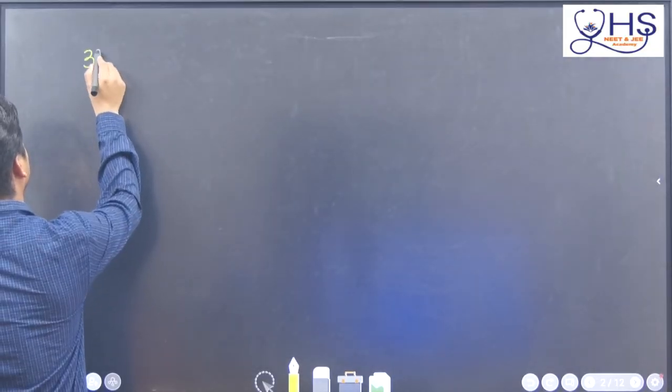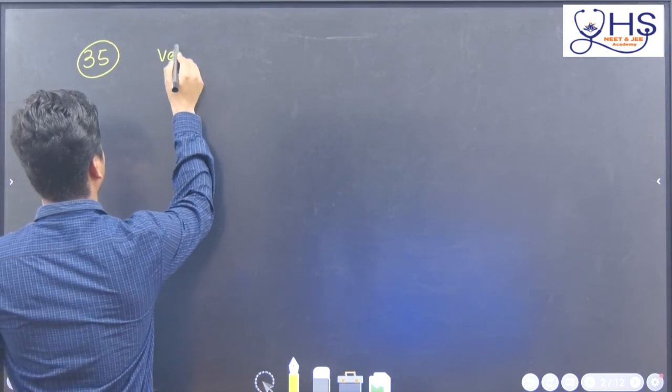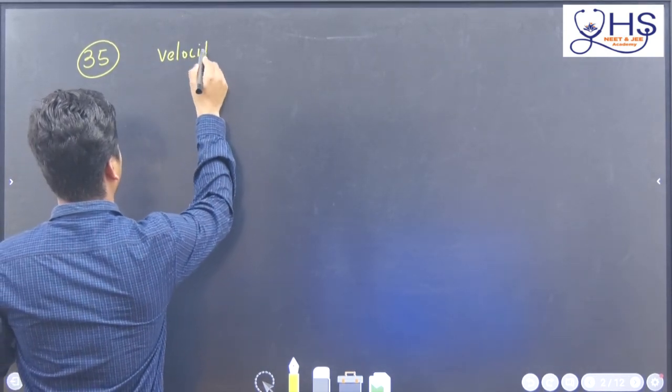In the last lecture we discussed number 35, that is velocity gradient.